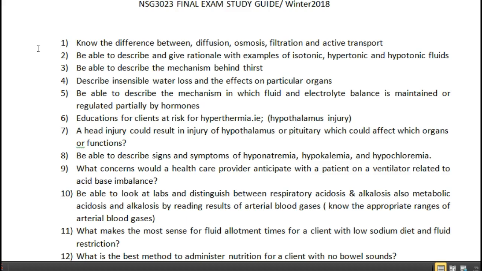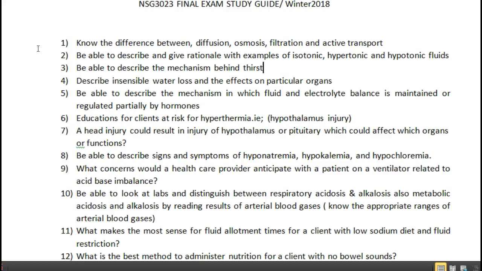Okay. Head injury. Oh, what I was going to tell you, I'm so sorry. Number 6, education for a client at risk for hypothermia.